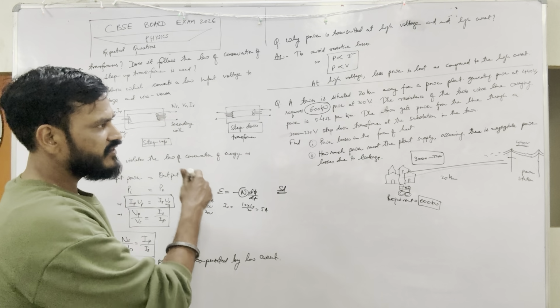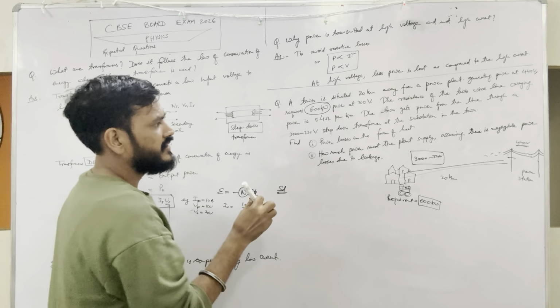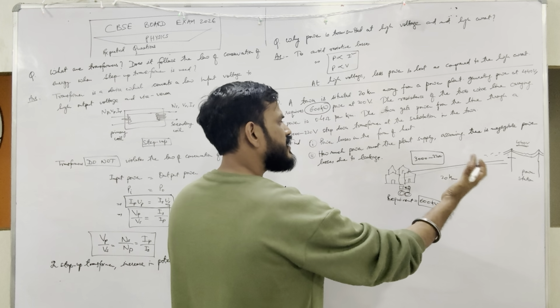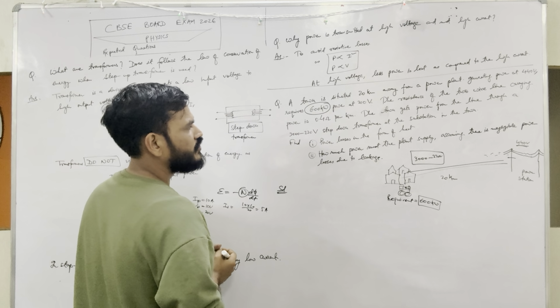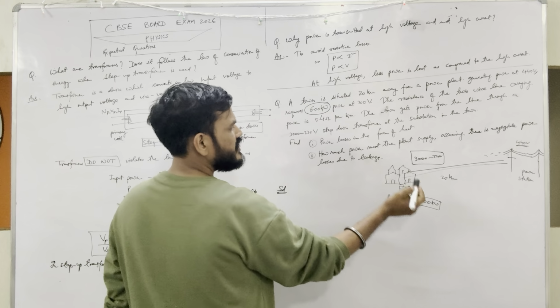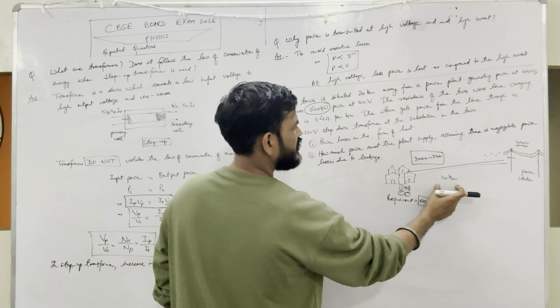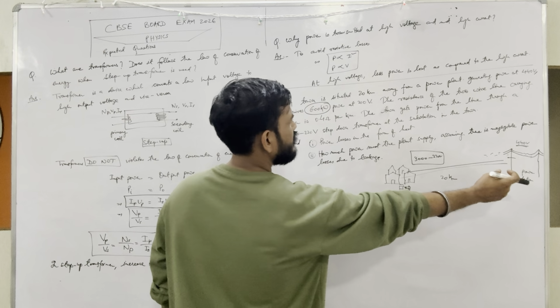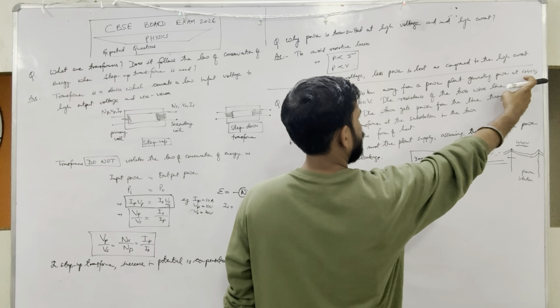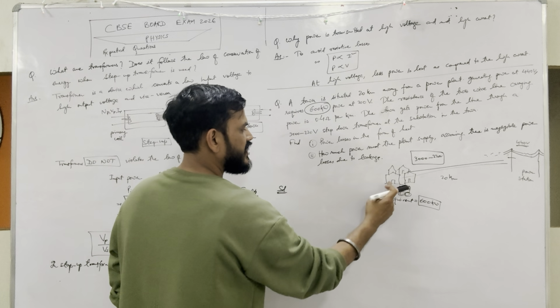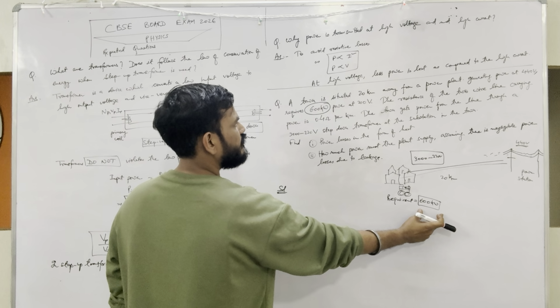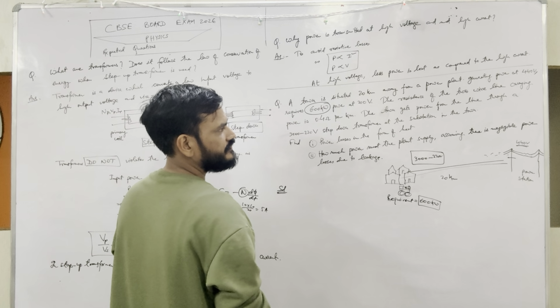All right, the next question from transformers is related to power loss and transmission. A town is situated 20 km away from a power station. The power station is generating power at 440 volt. This town requires 600 kilowatt of power at 200 volt.